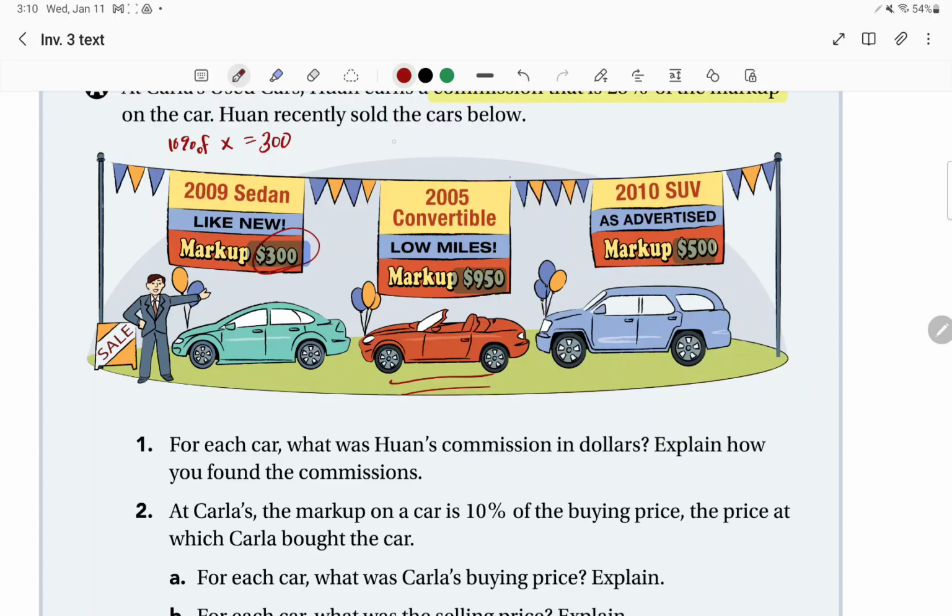So over here, this is also a 10% markup. So again, 10% of what number equals 950. So that 950 represents 10% of some number. We don't know what it is, but we're trying to figure it out. And then lastly, 10% of what number is 500.